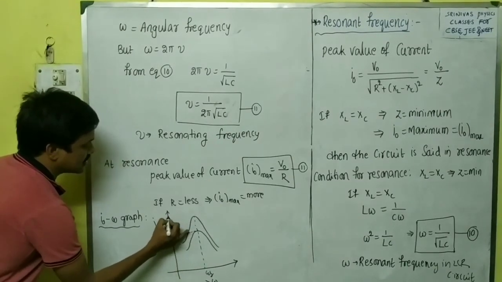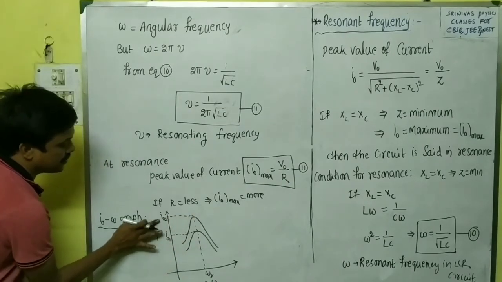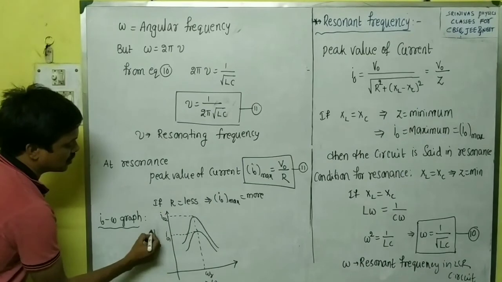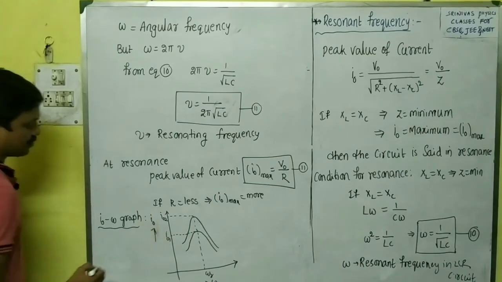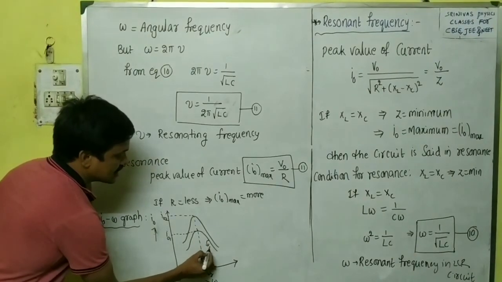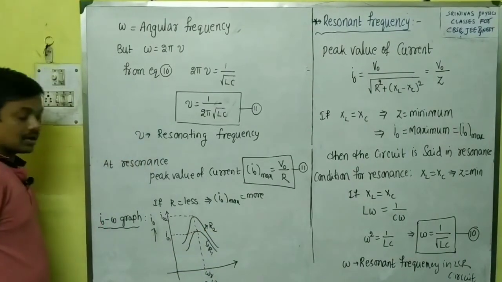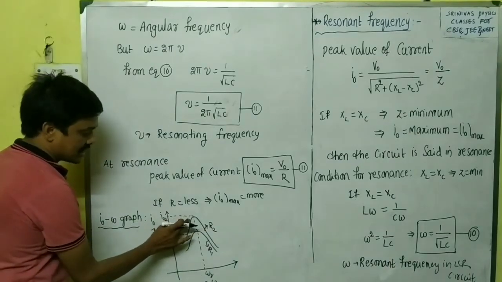This is I01 and this is I02. On the y-axis we are taking I0, the peak value of current. This one has the resistance R1, and this one has the resistance R2. The peak value of current for the second one is more.